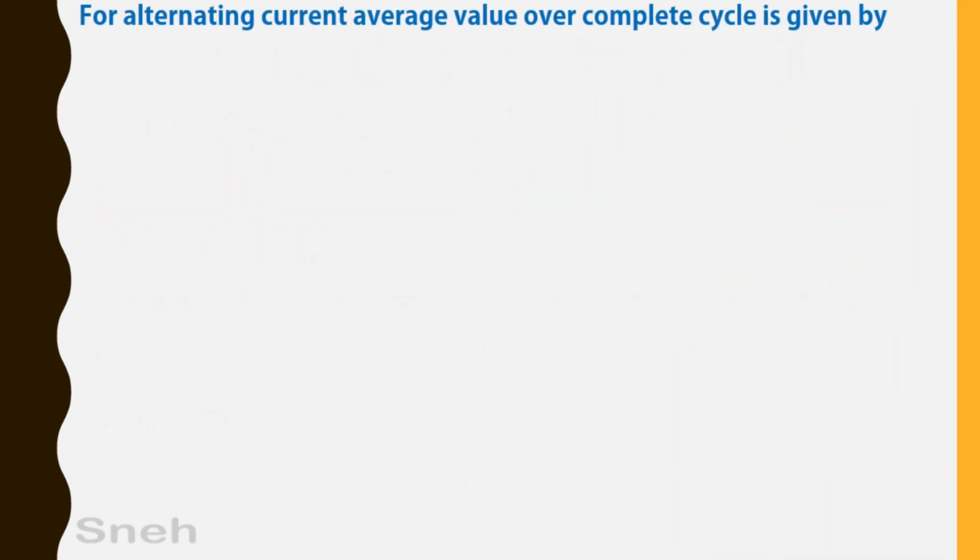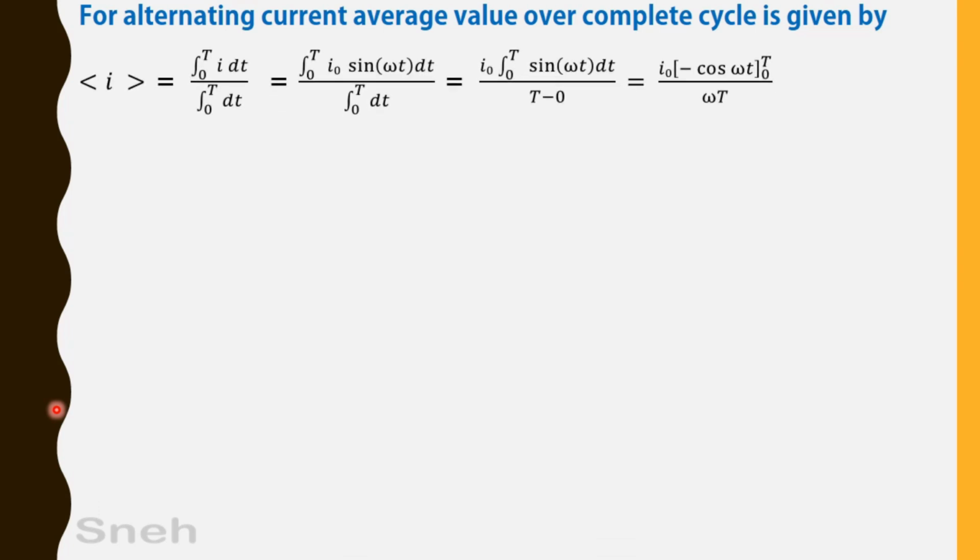I is a continuous function of t, and as it is a continuous function of t, when we have to find out its average over a complete cycle, we'll use its average as average of I is equal to integration from 0 to T of I dt divided by integration from 0 to T of dt.